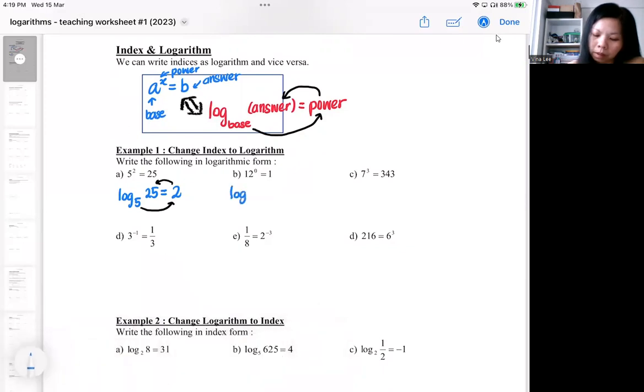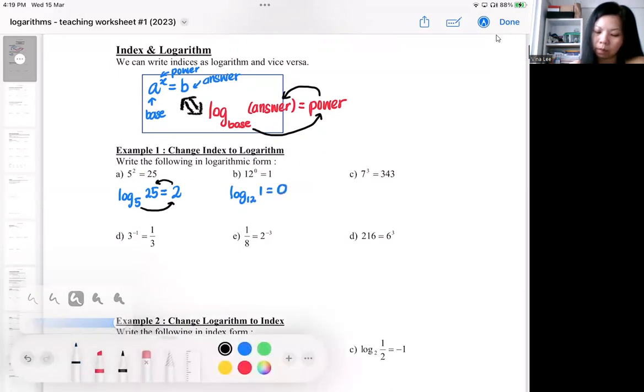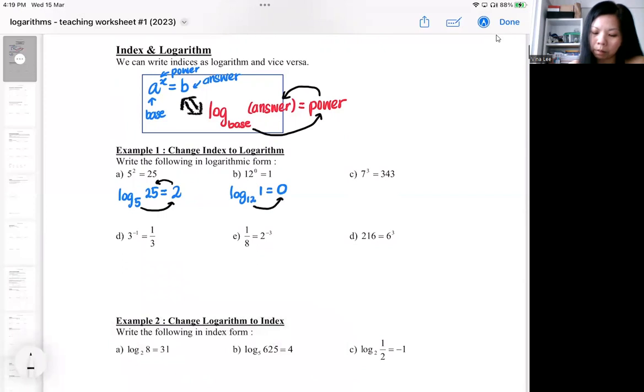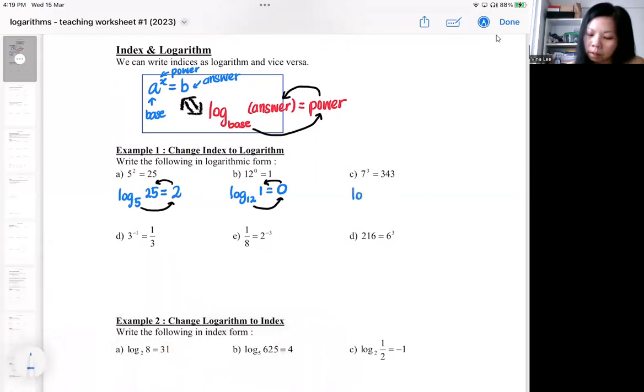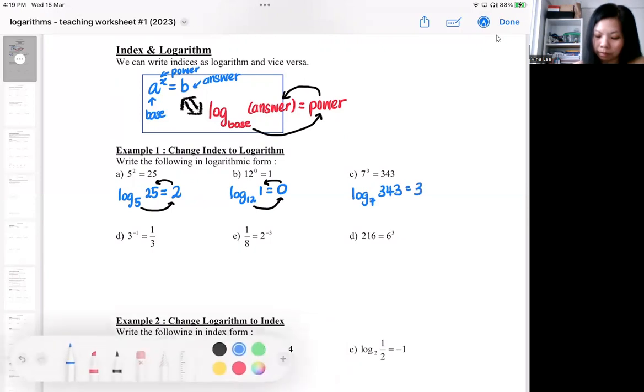The base here is 12, the answer is 1, and the power is 0. So 12 to the power of 0 is equal to 1. Okay, 7 cubed equal to 343. The base is 7, the answer is 343, the power is 3.